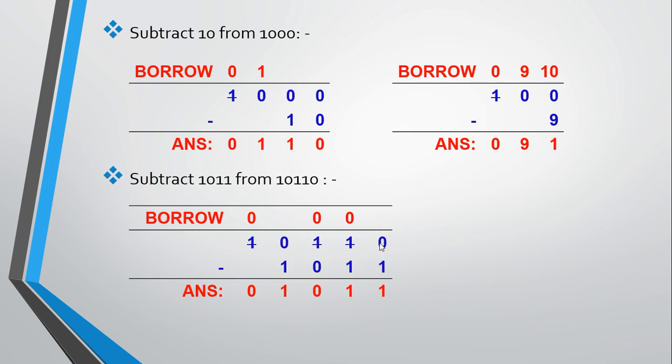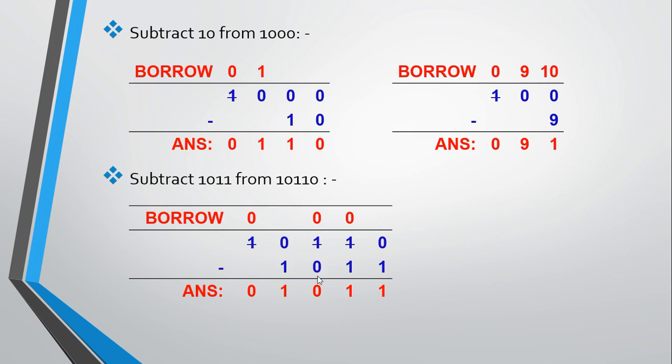So what you need to do? You need to borrow the value from the previous order and you need to write 1 in the subtraction area. Again over here 0 minus 1, so again you are not able to subtract. So you need to borrow value from the previous order and place it in the subtraction place.